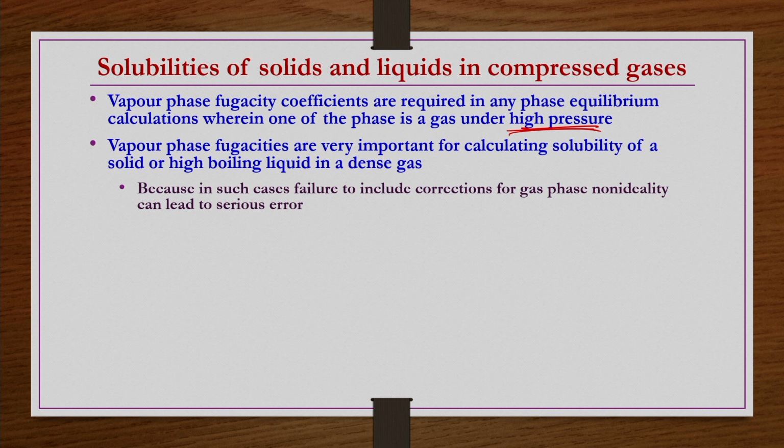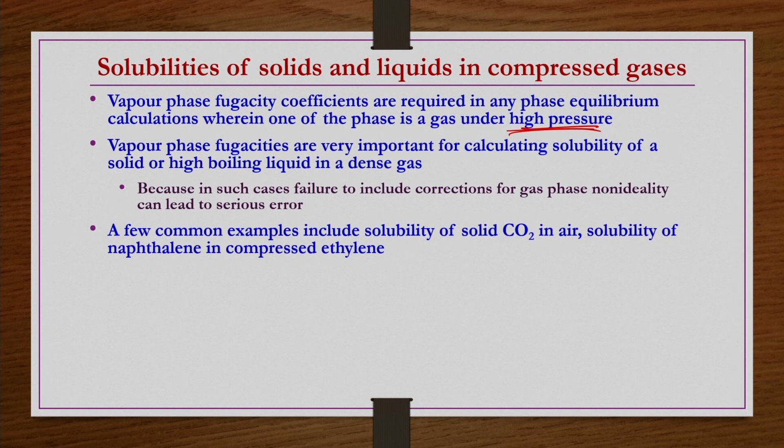That is the reason one has to be careful and make a proper adjustment for the non-ideality of the vapor phase at high pressures, in which a solid or a liquid is dissolving. It is already at high pressure, and any error while incorporating non-ideality in the vapor phase is going to be dangerous from the operational point of view.